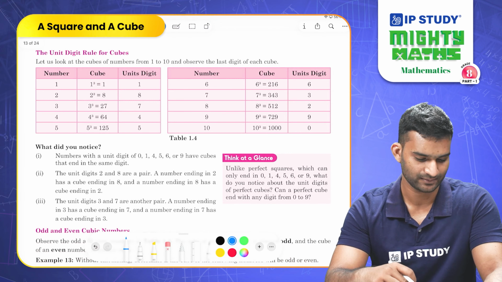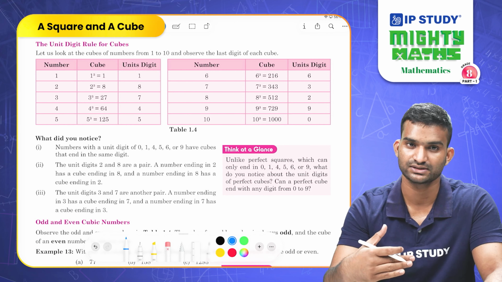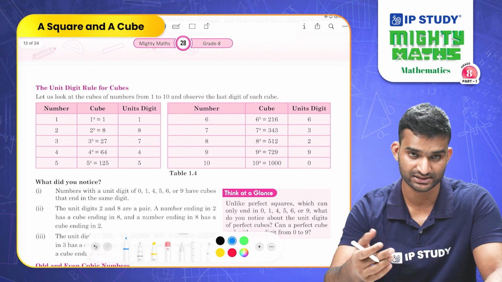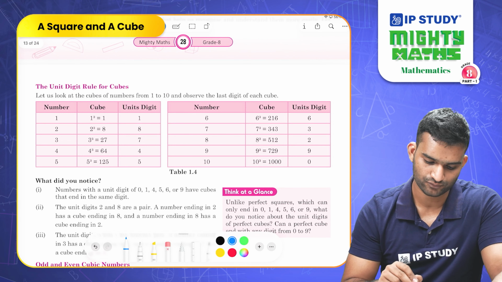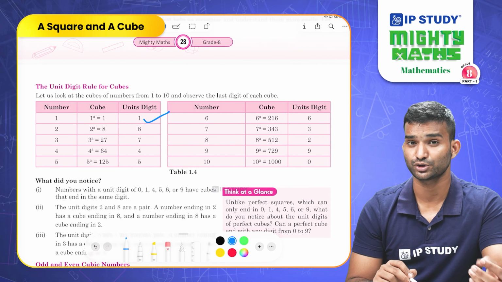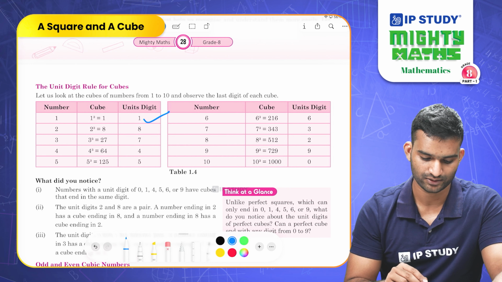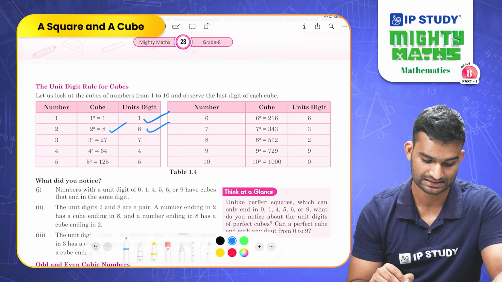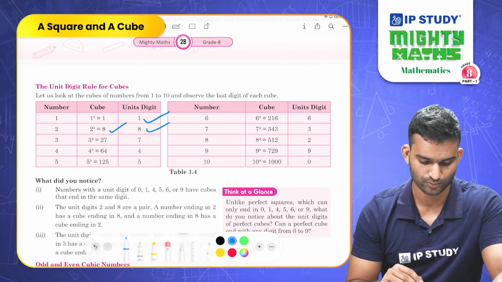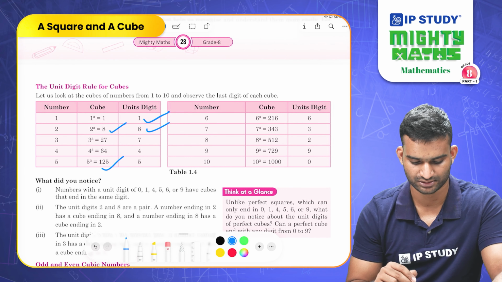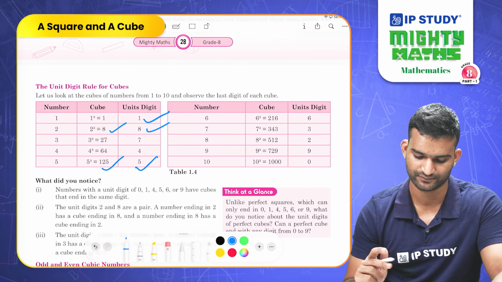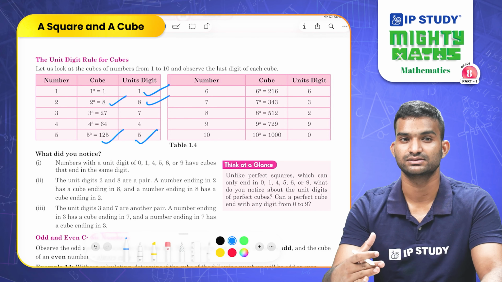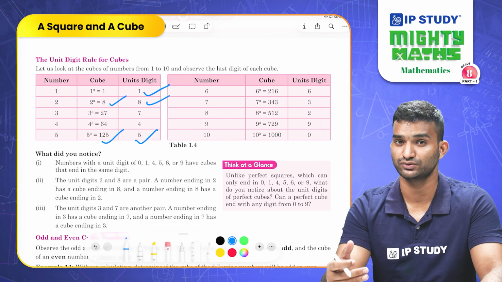In the same way, if we take cubes of certain numbers, we get to see some pattern between those numbers. For example, if we take cube of 1, which is 1, we are talking about unit digits. When we take a cube of 2, which is 8, in this case unit digit is 8. When we take cube of 5, which is 125, in this case unit digit is 5. So we can see that all these numbers always end with different unit digits.